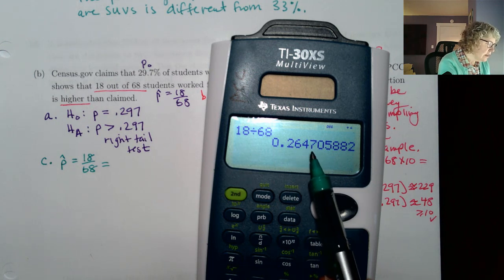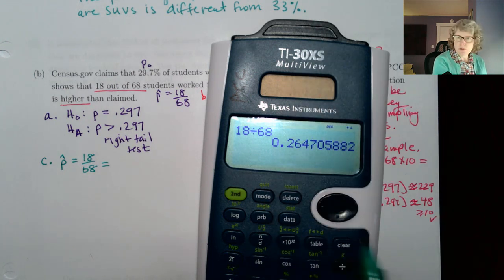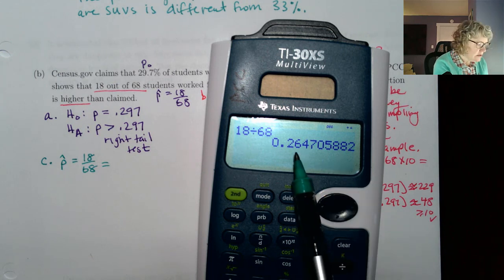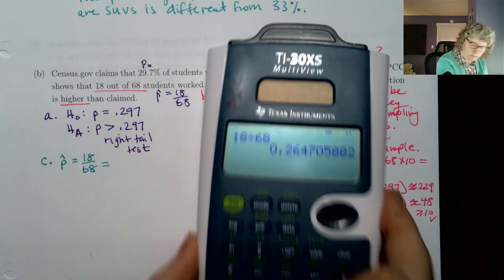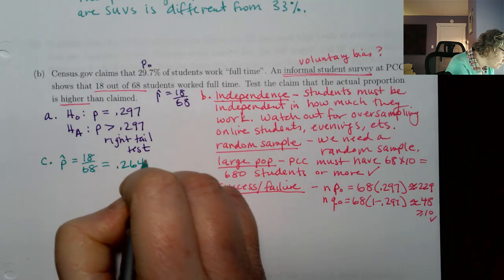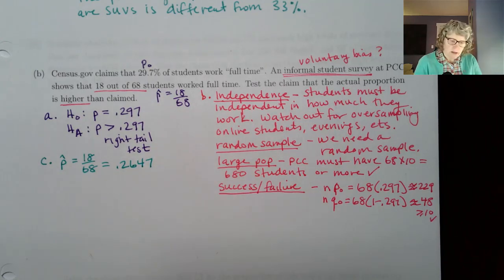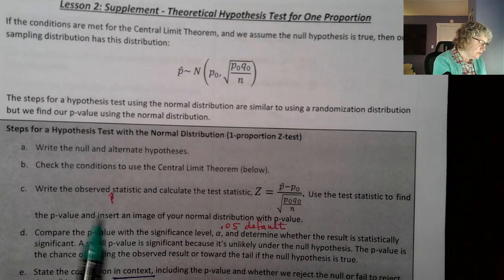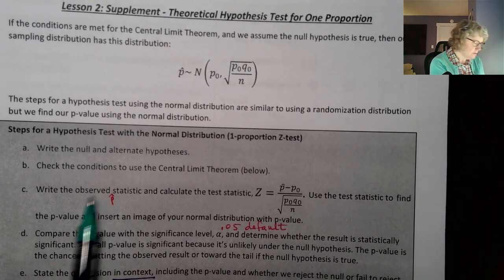Our other one only had 2 digits, which is nice. If it has more, we're going to use 4 as our standard. That's the way my open math questions are coded. So 0.2647. Okay, that is our p hat, observed statistic or sample statistic. It comes from our sample.